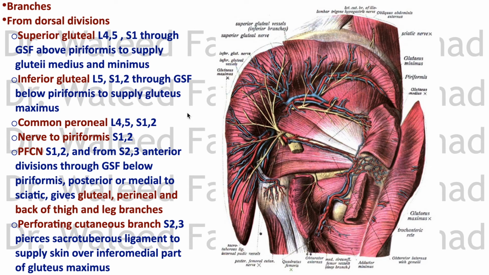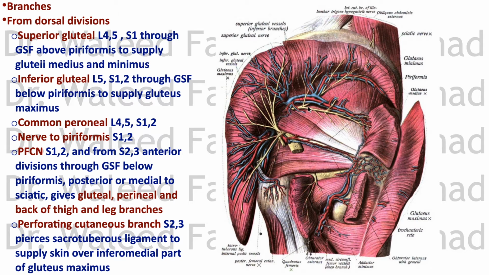The branches of the sacral plexus are arranged from dorsal divisions and ventral divisions. Some nerves, like the posterior femoral cutaneous, arise from both ventral and dorsal divisions. The superior gluteal nerve is L4, L5, S1. It passes through the greater sciatic foramen above the piriformis, as you can see here.